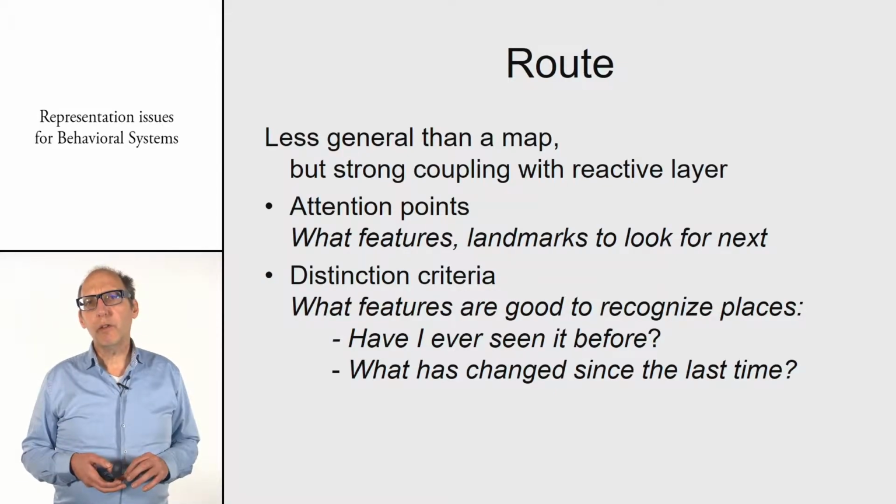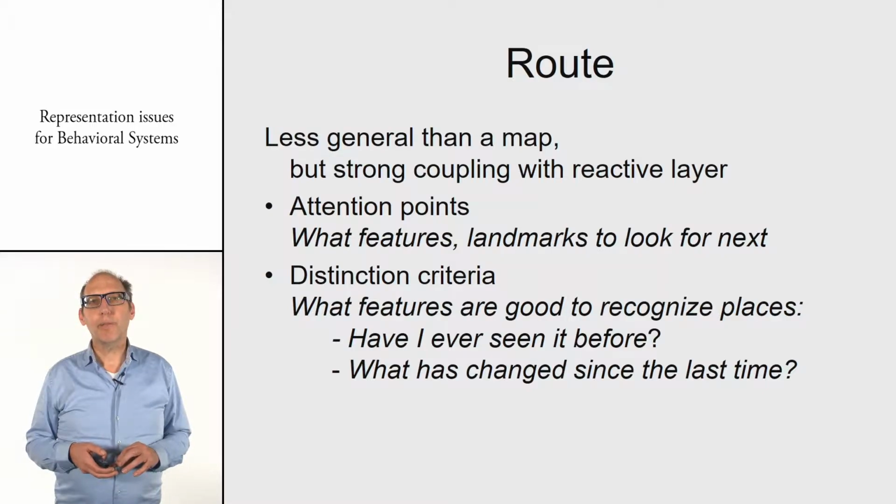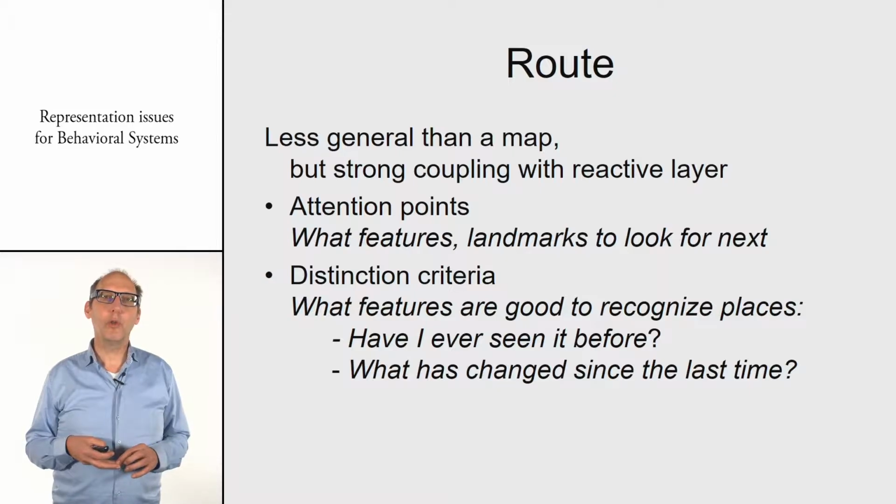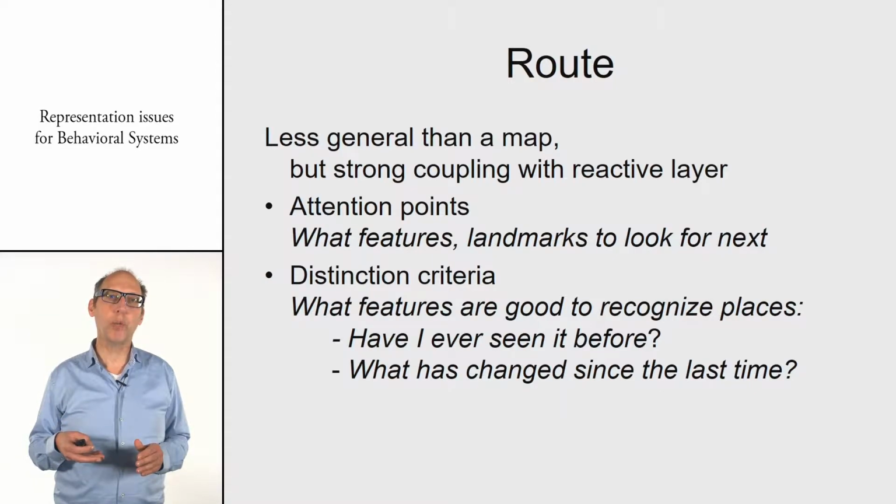Why do you need such a topological map? Because they are easily coupled with routes, but on routes you need a lot of information about what you see along the route. So on the topological map you put things where you could start looking for, so attention points.